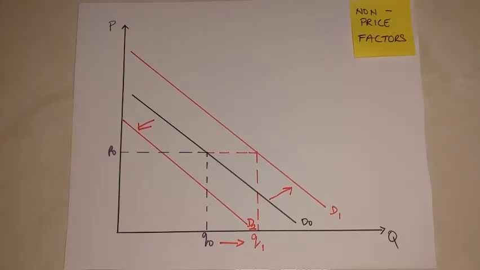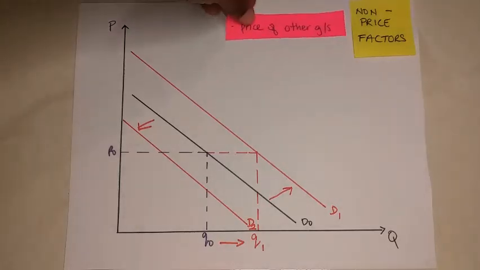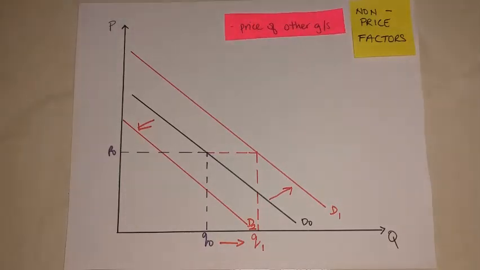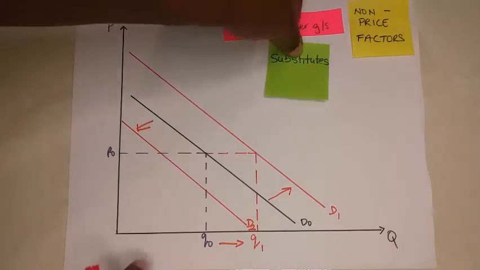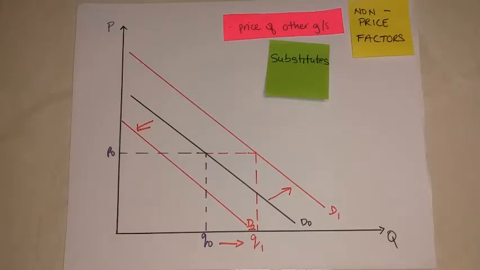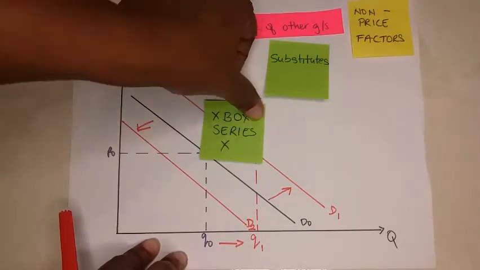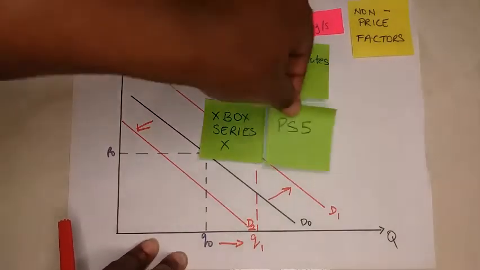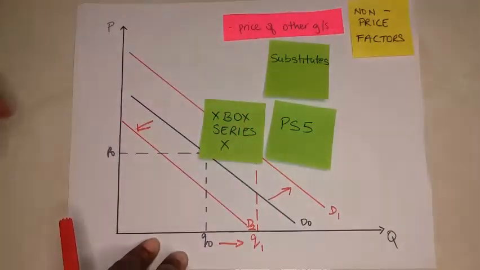So on to our next non-price factor, we'll be looking at the price of other goods and services. First one we can look at is substitutes. A substitute is a good that could be used in place of another. A popular example would be the Xbox Series X and PlayStation 5 if you're gamers.